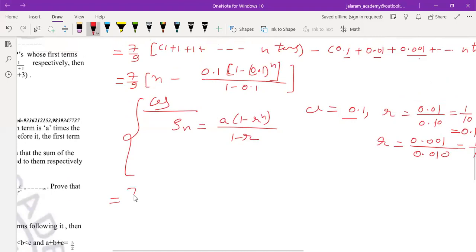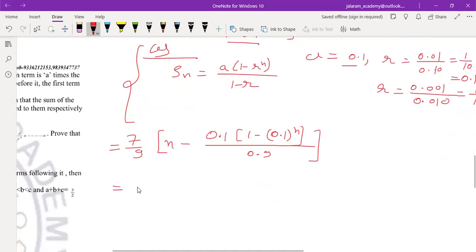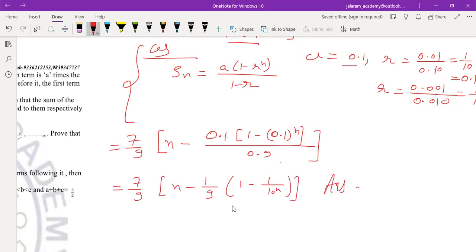So it is equal to 7 by 9 into n minus 0.1 into 1 minus 0.1 whole to the power n upon 1 minus 0.1, which is 0.9. So this is the result: 7 by 9 into n minus 0.1 upon 0.9, the point cancels out, 1 by 9 into 1 minus 1 by 10 to the power n. So this is the answer.